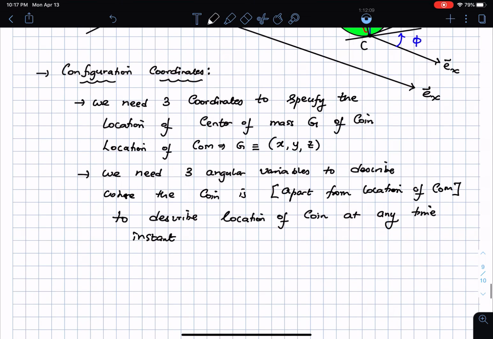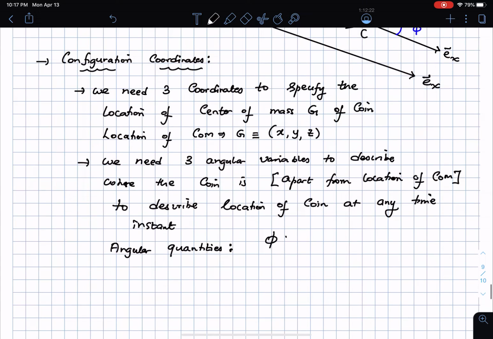And the angular quantities that I'm going to be using are the angles phi, theta, and psi. Phi is a function of time, theta is a function of time, and psi is a function of time. Typically these angles have the following names.